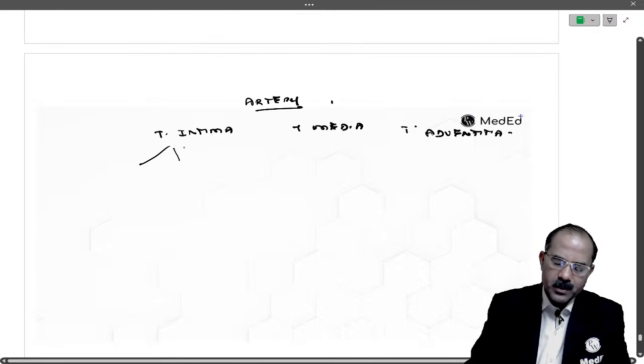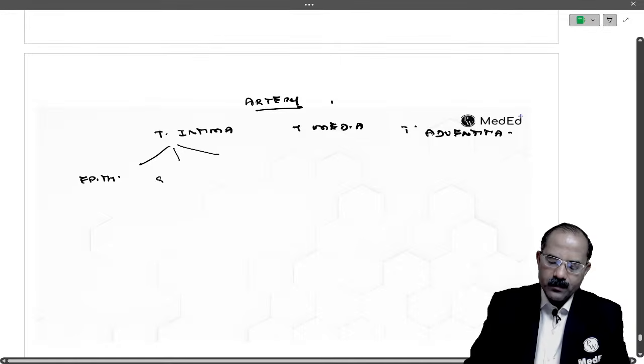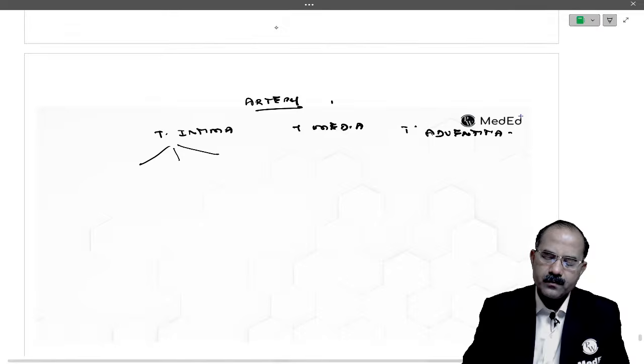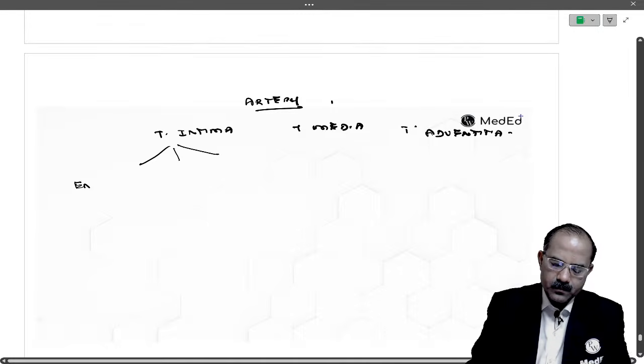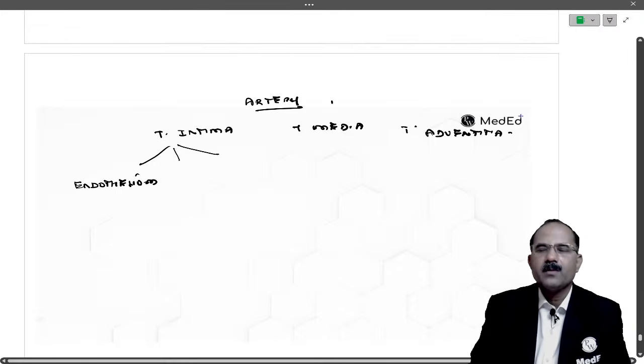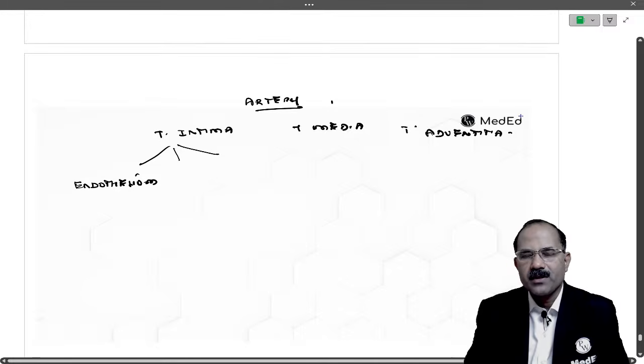Tunica intima is made up of 3 parts. One is the endothelium. What is endothelium? It is simple squamous epithelium which lines the blood vessels.